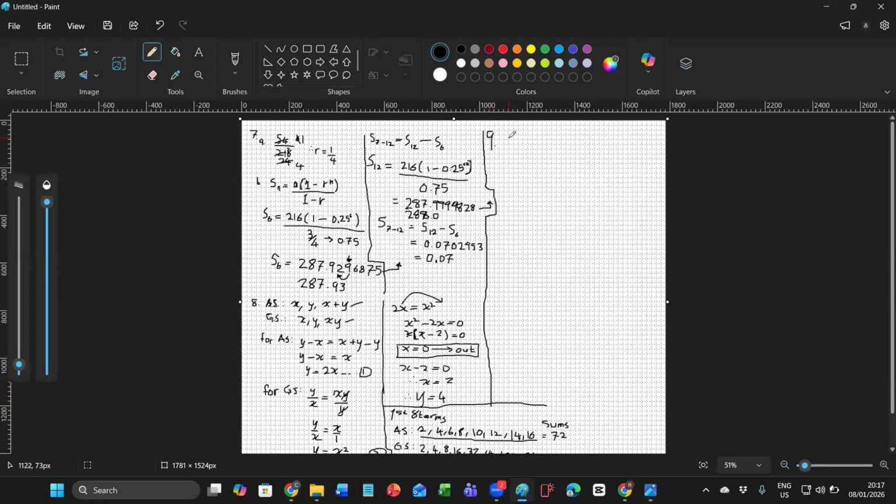So once we establish that A is equal to 3 and R is equal to minus 2. Another way you can get the R is to say second term, minus 6, over the first term, which is 3, and minus 6 over 3 is minus 2.